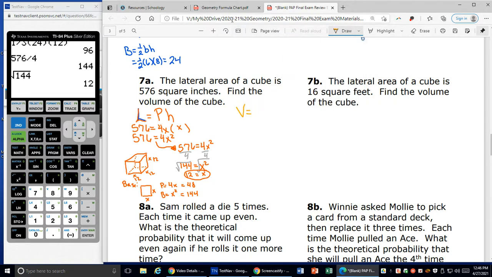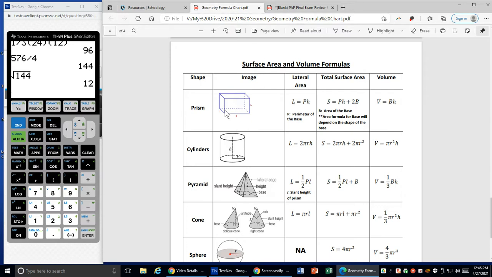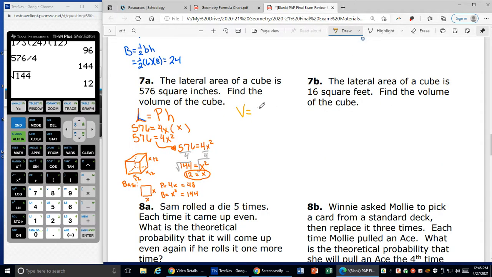My volume of a prism, which is what a cube is, is the area of the base times the height. Since we know that x is 12, the area of my base is 12 times 12, which is 144. The height of my cube, since x is 12, is 12.